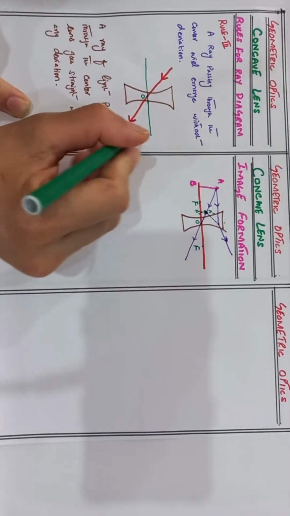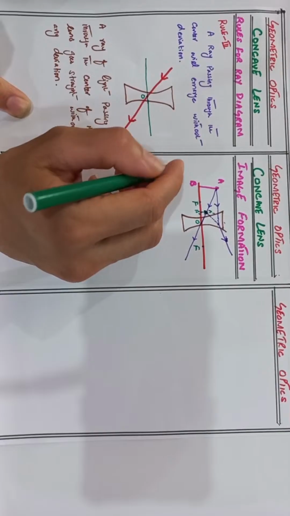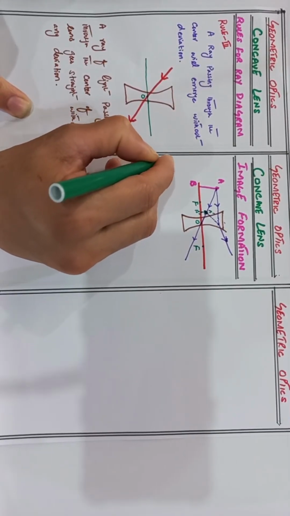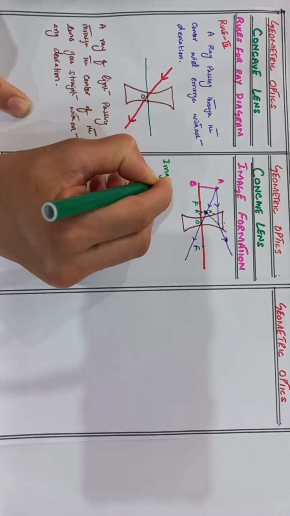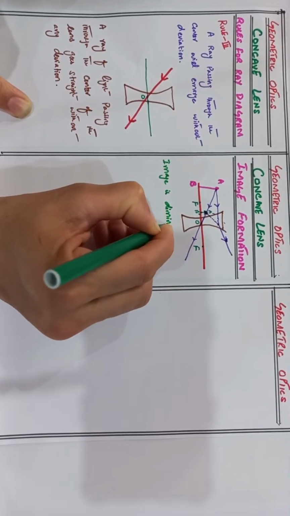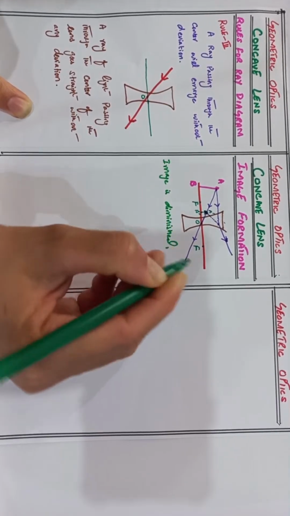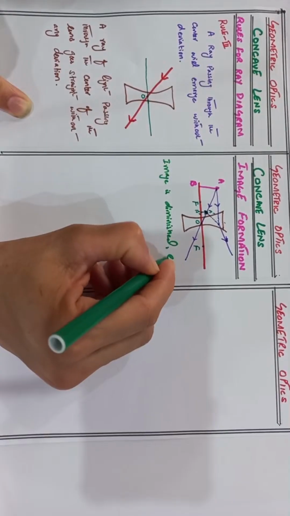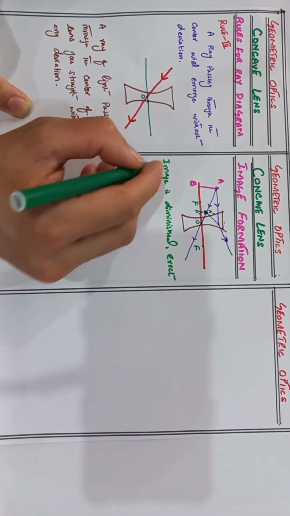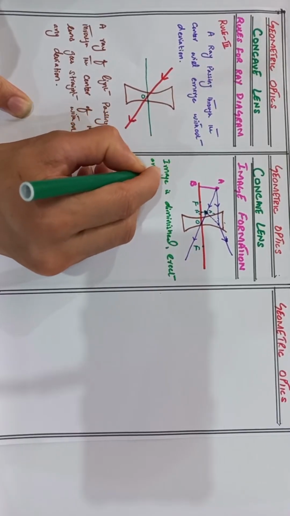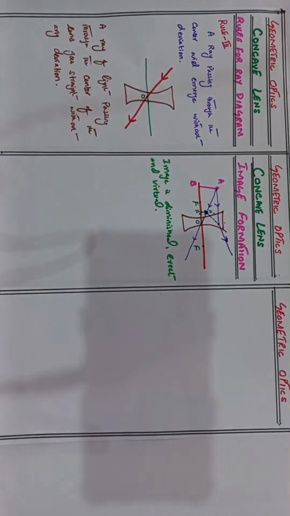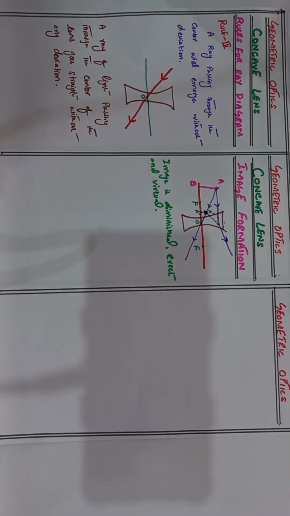So here we write that the image is diminished, erect and virtual. Why is the image virtual?